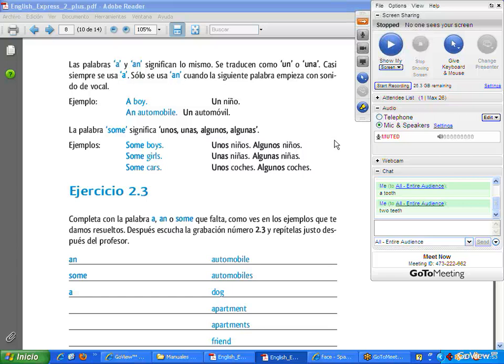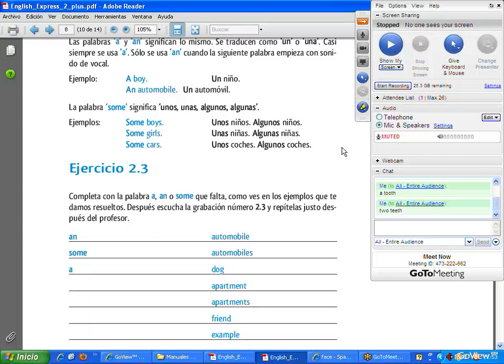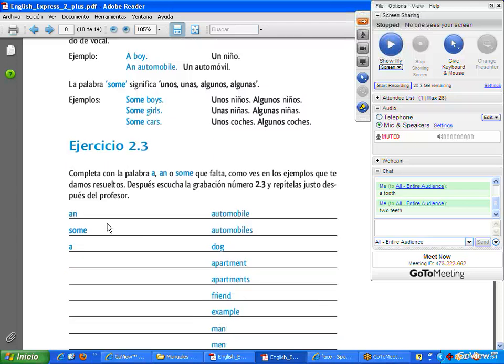Some automobiles, plural. A dog. But what would this be? This is a vowel, we say in English. And it's singular. There's no S. So it's an apartment.